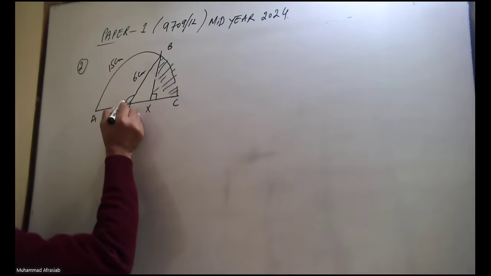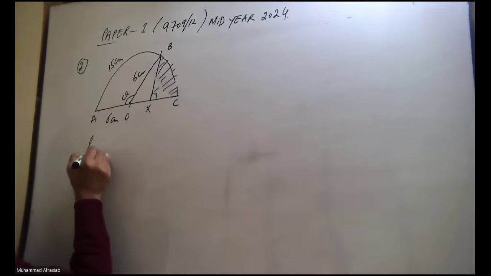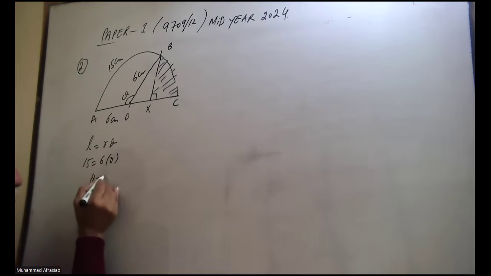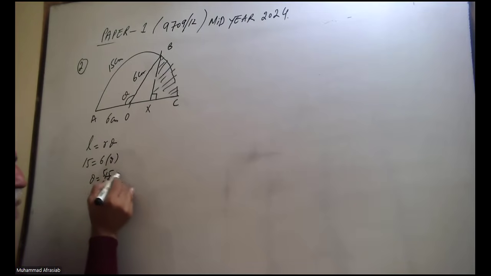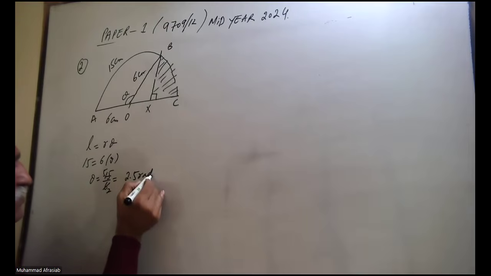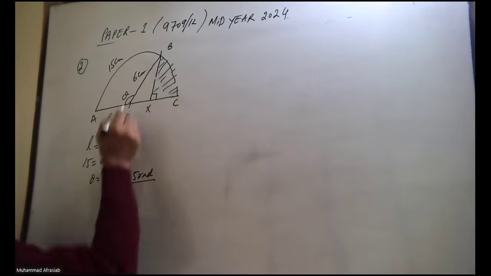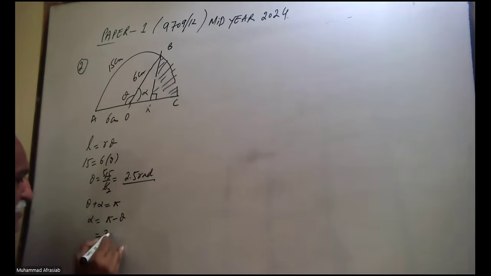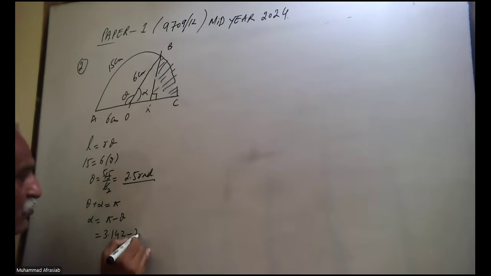If this is angle theta, we know that arc length is equal to r theta. For AB, it is 15, r is 6 into theta. So theta is equal to 15 by 6, which is 2.5 radians. Then if this is theta, let's say this is alpha, then theta plus alpha is equal to pi, or alpha is pi minus theta, or 3.142 minus 2.5.